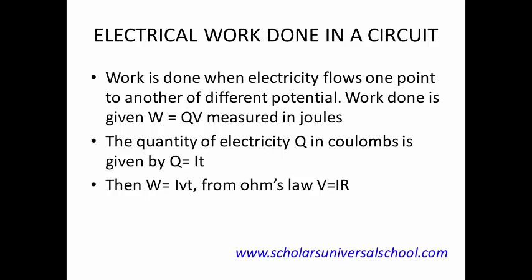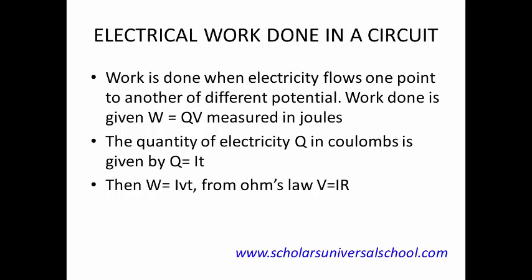Remember that work done is measured in joules, and the quantity of electricity is measured in coulombs. The formula for the quantity of electricity is given by current times time. Remember, we have defined current to be the rate of flow of charges in a circuit.